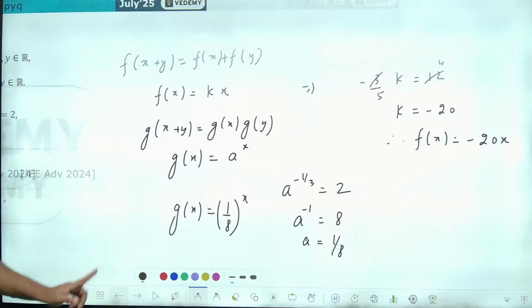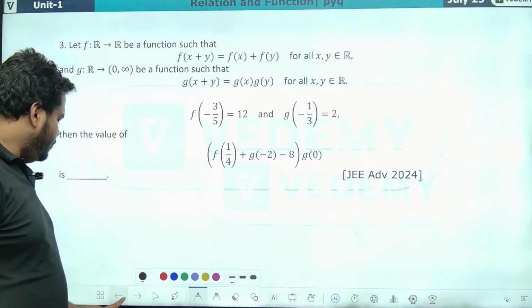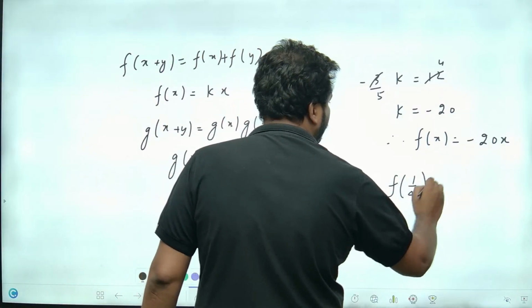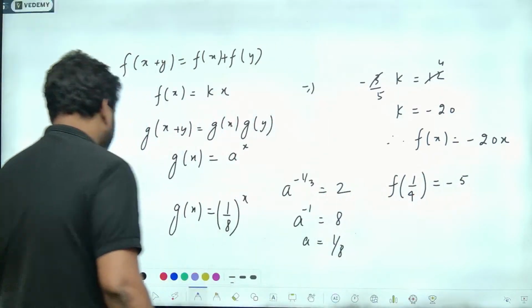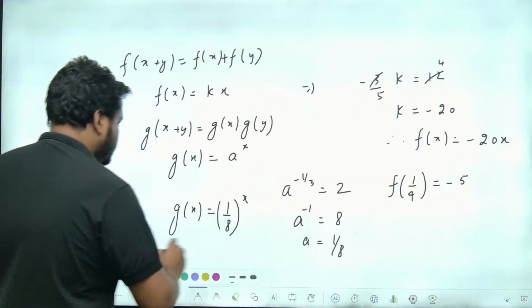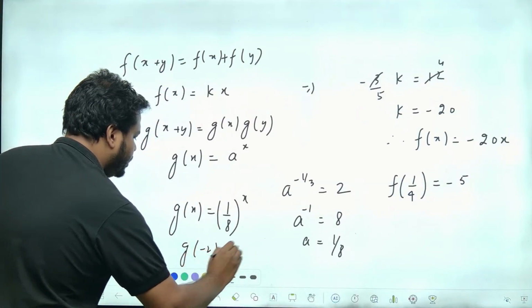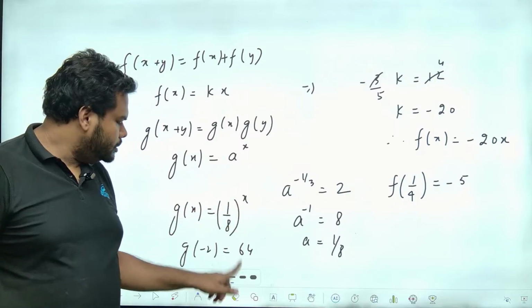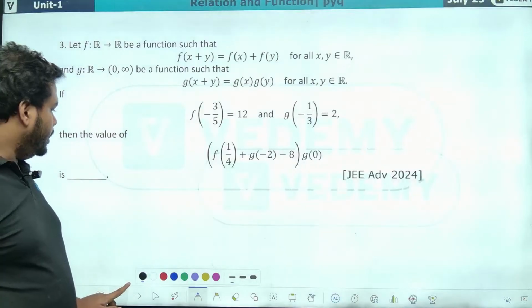Now it is asking f of 1 by 4. F of 1 by 4 equal to minus 5. G of minus 2, it is equal to 8 to the power 2, 64. Then minus 8.